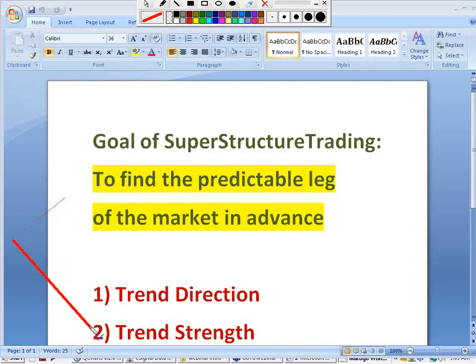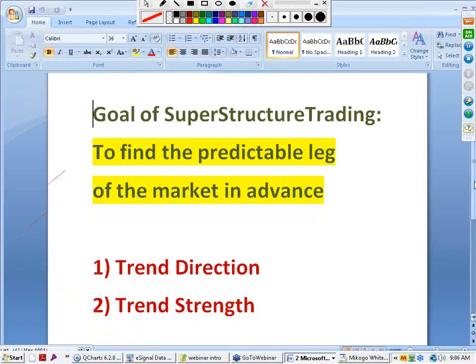Which way is it going, up or down? But more importantly, we want to see whether the trend is strong or weak. How strong is the trend or how weak is the trend? That's true whether it's an uptrend or a downtrend. So that's the actual goal of superstructure trading.